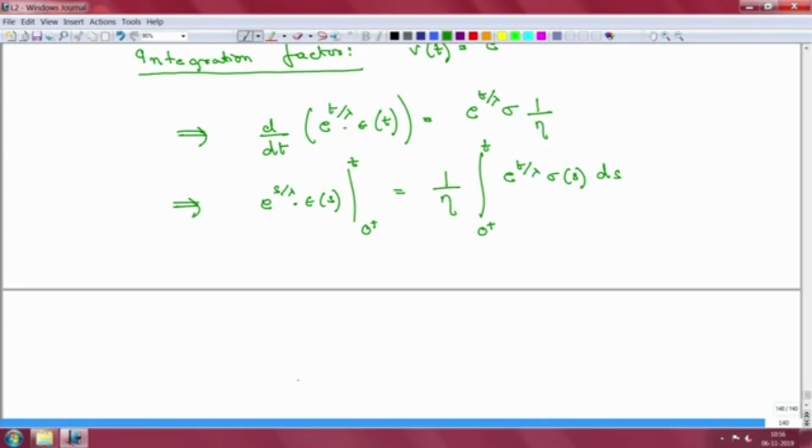And we know that epsilon 0 plus is 0. So if you apply that, the exponential t by lambda multiplied by epsilon t is equal to this particular 1 by eta integral 0 plus to t.